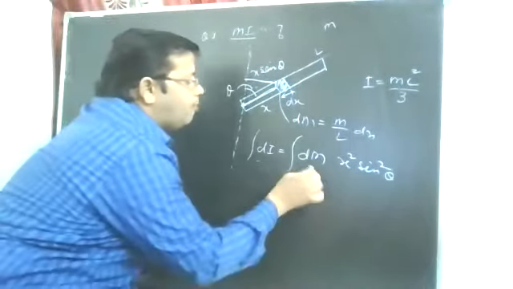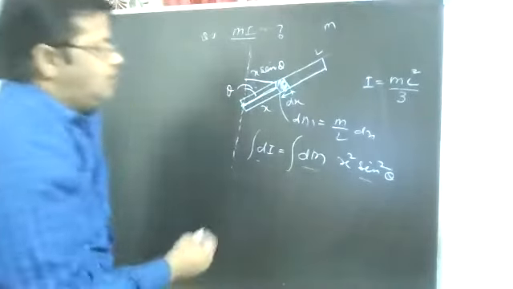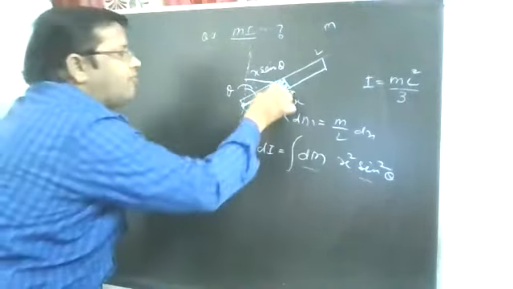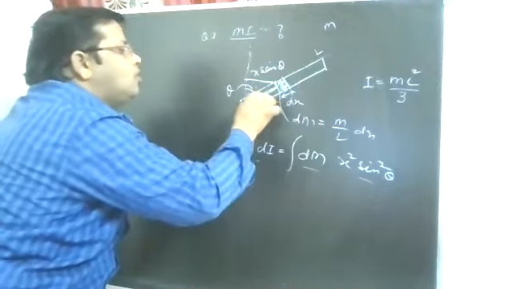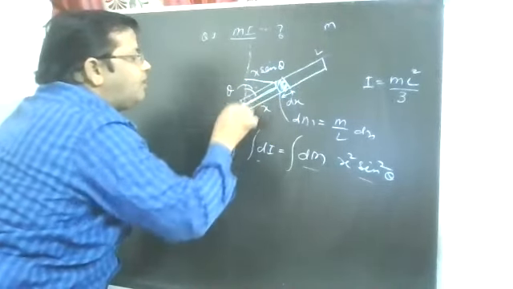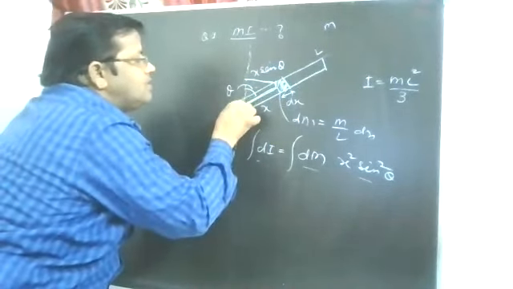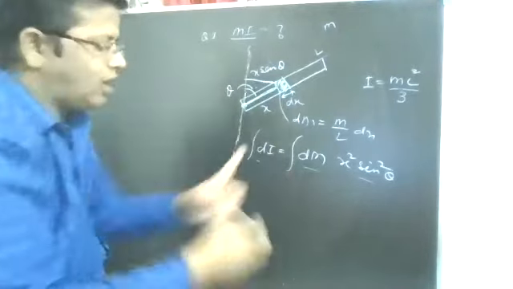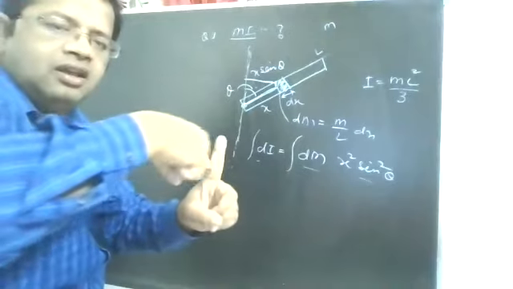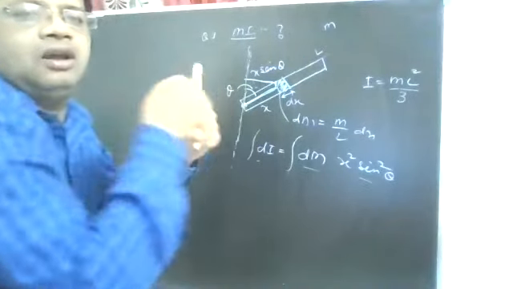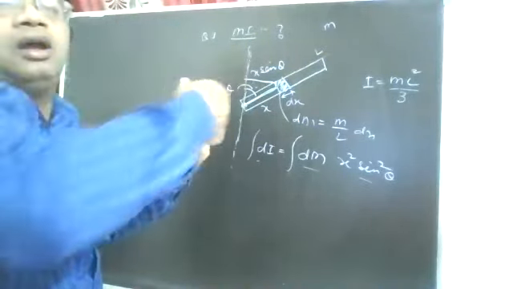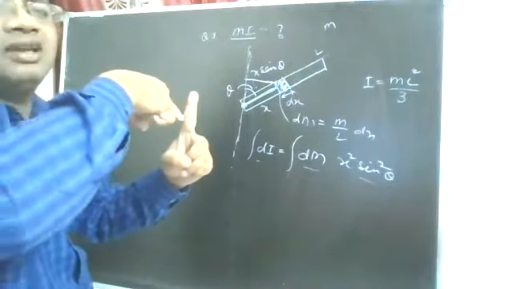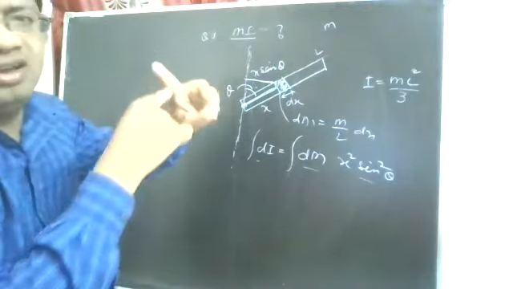So what process have we applied? First, we have taken a very small portion of the rod, which is at distance x from the point of clamp. This rod is clamped with the axis, and it is rotated like this. It always makes a certain angle theta with the vertical.